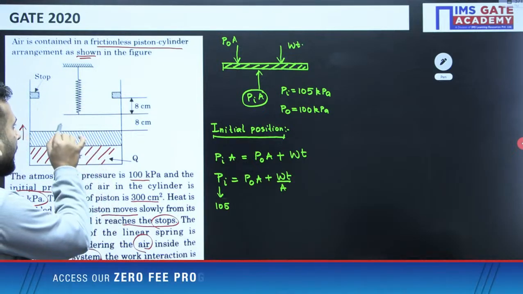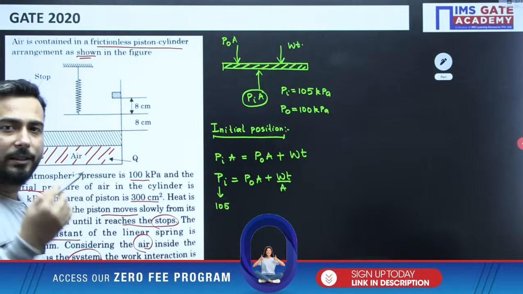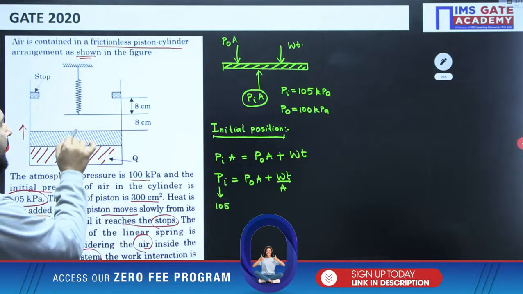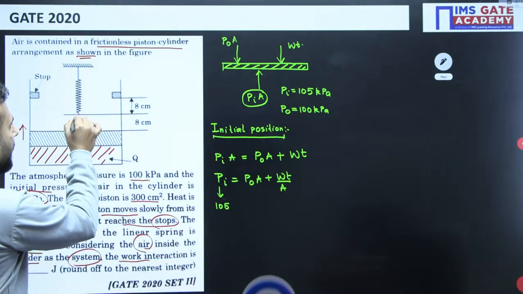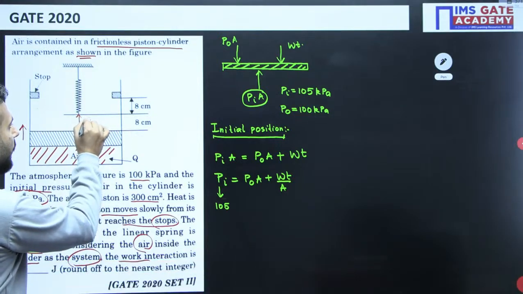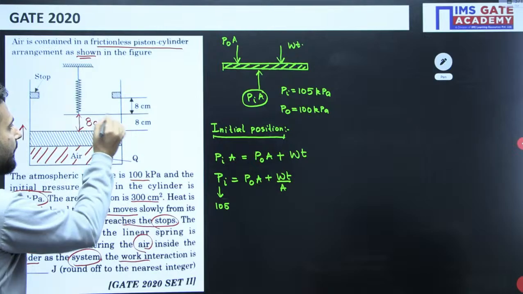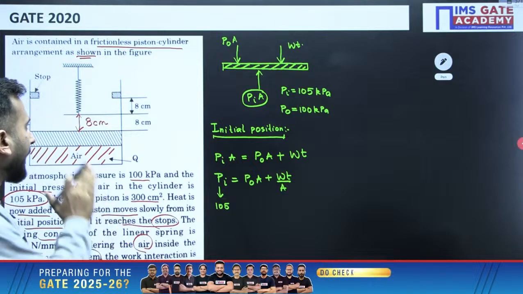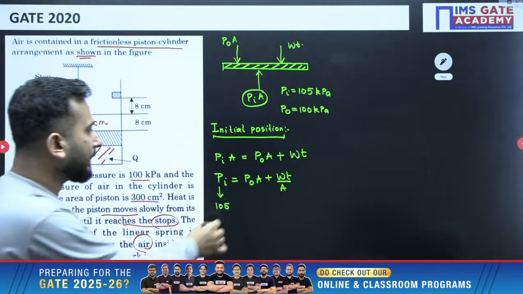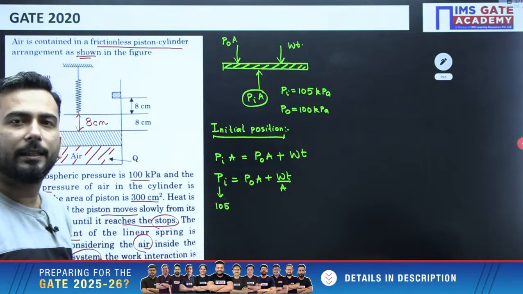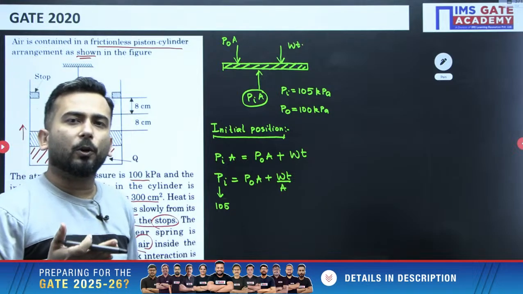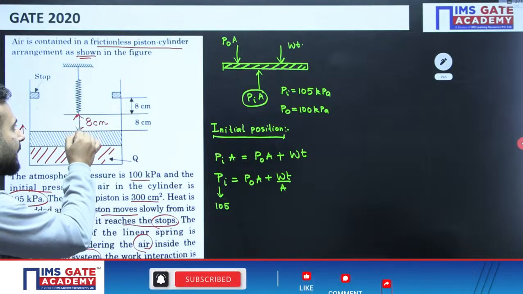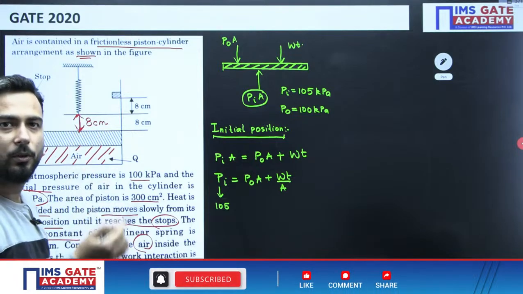That there is no external force above the piston or above the air till it reaches the spring. That means for a distance of 8 centimeter there is no external force acting on the piston, and considering this equation, it is a constant pressure process for the first 8 centimeter.